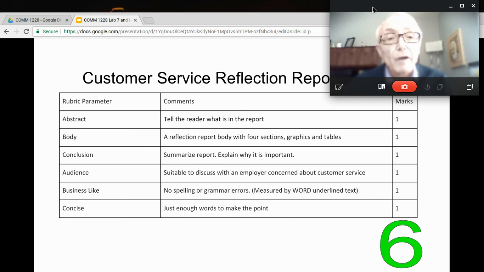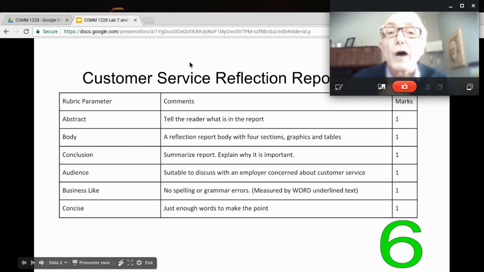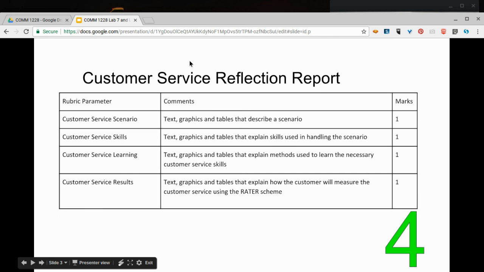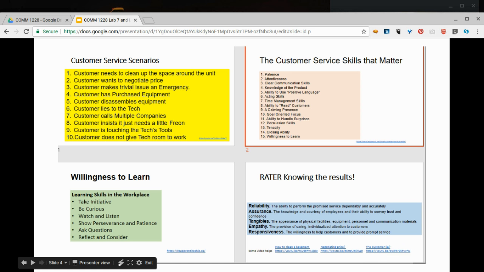In this case, the body has got 4 sections that match up with the 4 sentences we've written, and it may have graphics and tables. Well, let's just see as we move on what the graphics and tables may be built on.